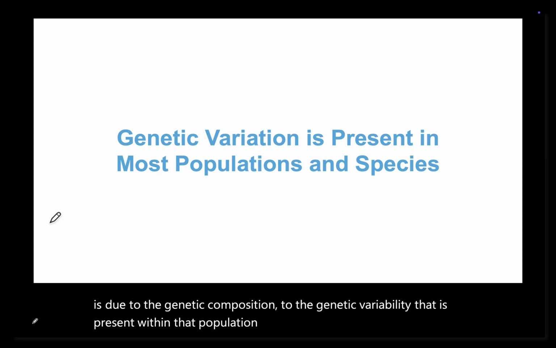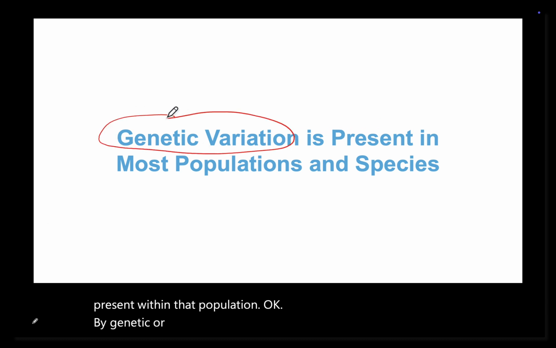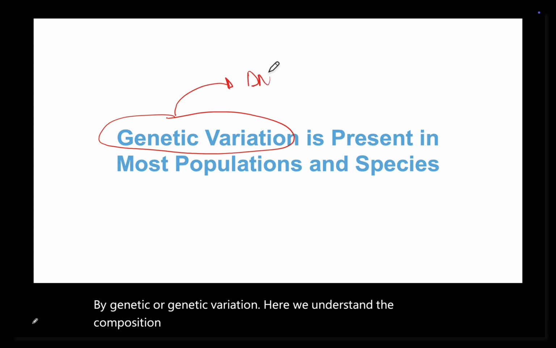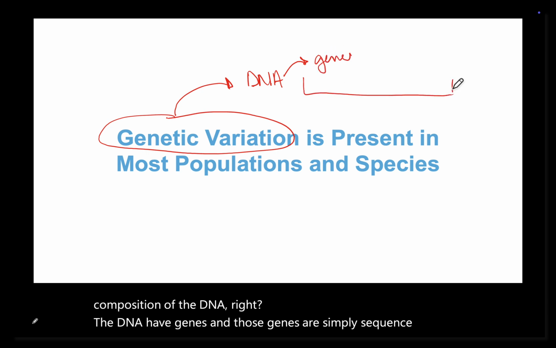Okay? By genetic variation here, we understand the composition of the DNA, right? The DNA has genes, and those genes are simply sequences of letters, right?